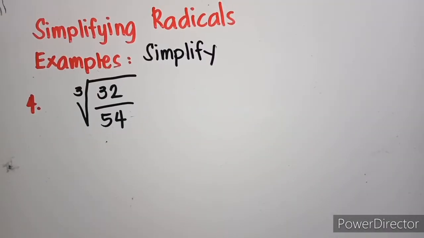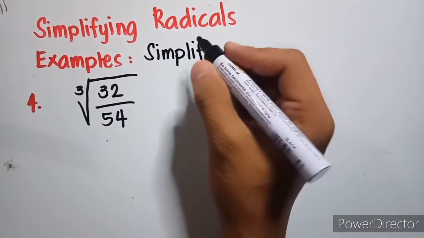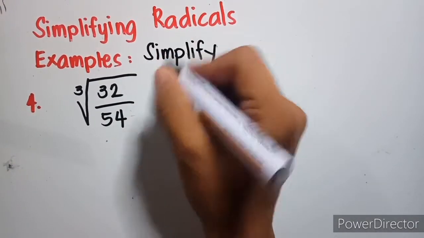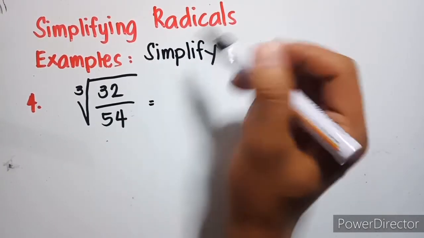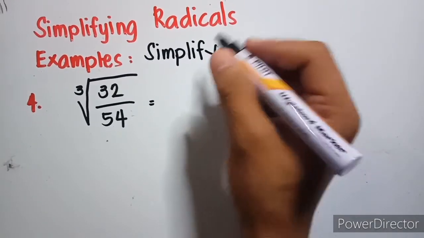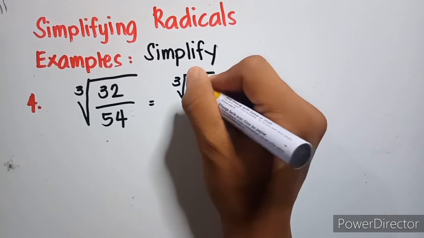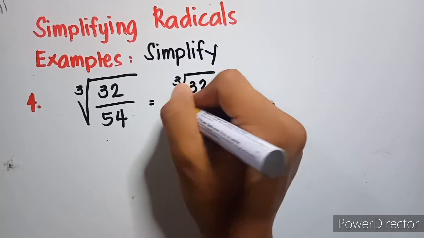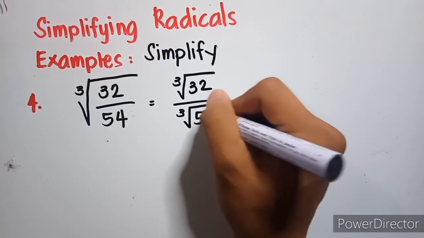Okay, for number 4, so given is cube root of 32 over 54. So, kung gagawin natin yung kanina, hindi natin kayang i-divide si 32 by 54. So, ang gagawin natin, applying the laws of radical, this is equal to cube root of 32 over cube root of 54.